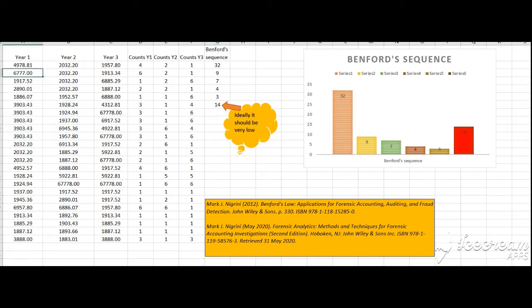Like this occasion we have to investigate, then this occasion, then this occasion. So you can see here it is occurring too many times, which ideally it should not according to Benford's law.